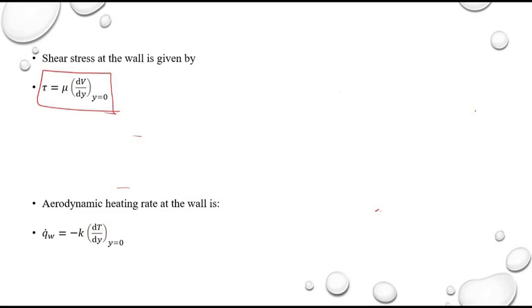The slope of temperature also has its contribution, and it dictates the aerodynamic heating, aerodynamic heating to or from the wall. Aerodynamic heating, a new term in our journey of aerodynamics. What is aerodynamic heating? Let us have a look.